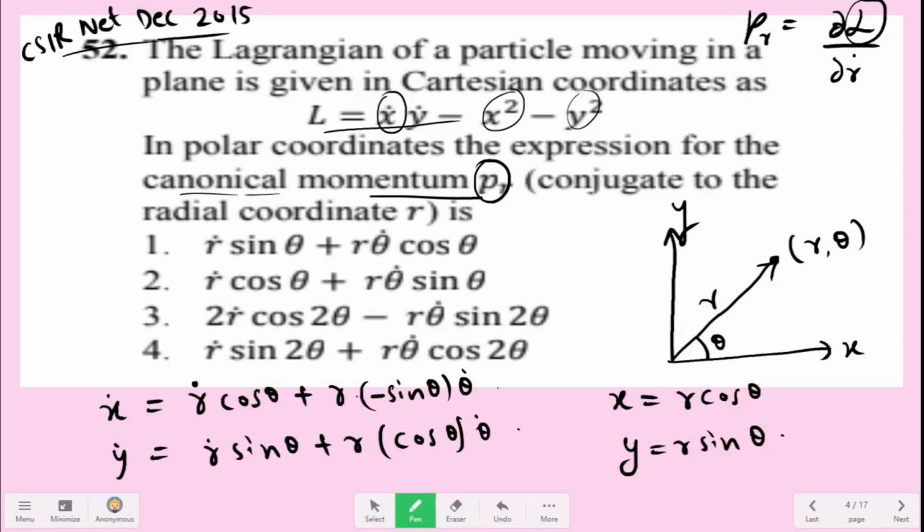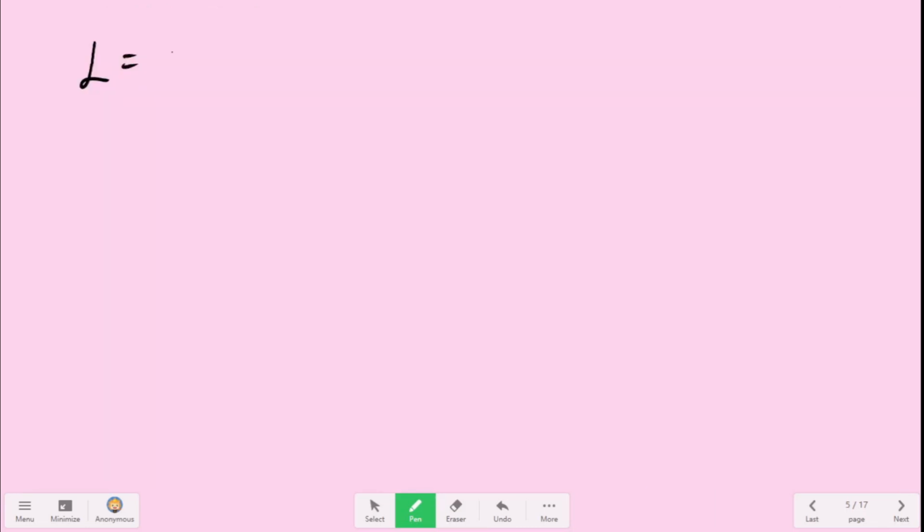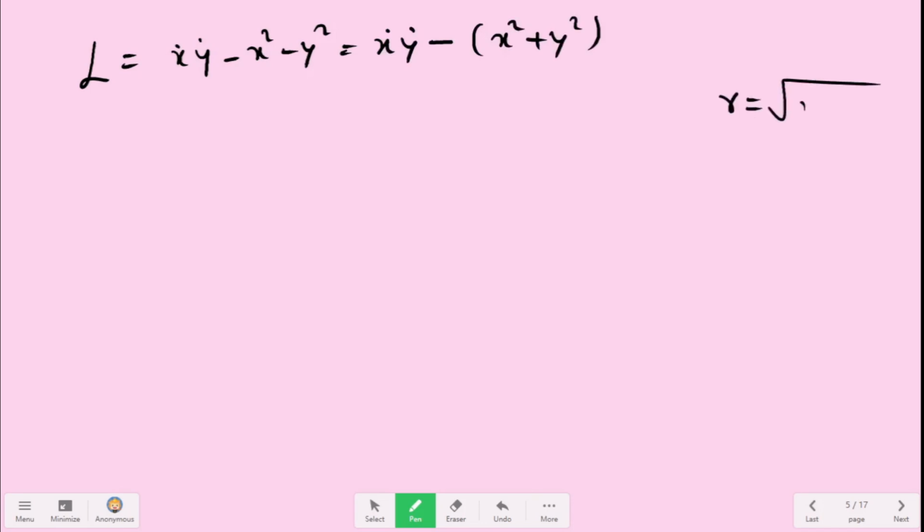So let us substitute x dot and y dot in L. L is equal to x dot y dot minus (x square plus y square), and in polar coordinates r is equal to root of x square plus y square. Therefore x square plus y square is equal to r square.